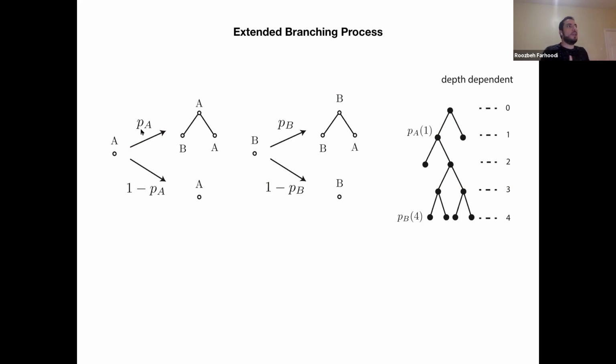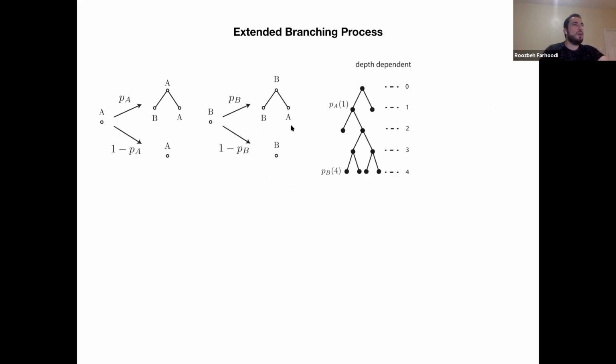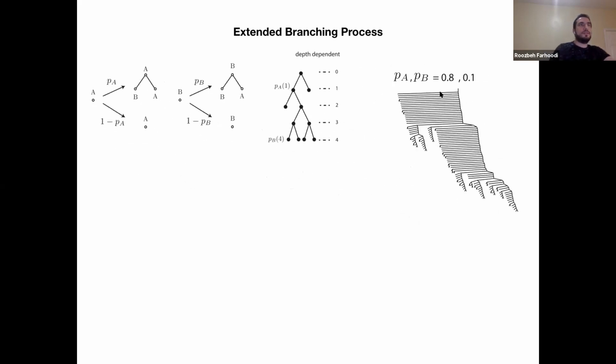If PA is very high, for example, where you are in the main branch that wants to continue, and PB is very low, you have a typical structure like this one, where the main branch is trying to survive and the side one is dying as soon as it comes out.